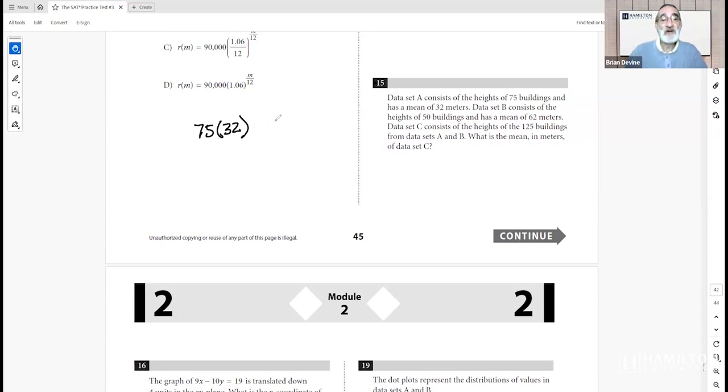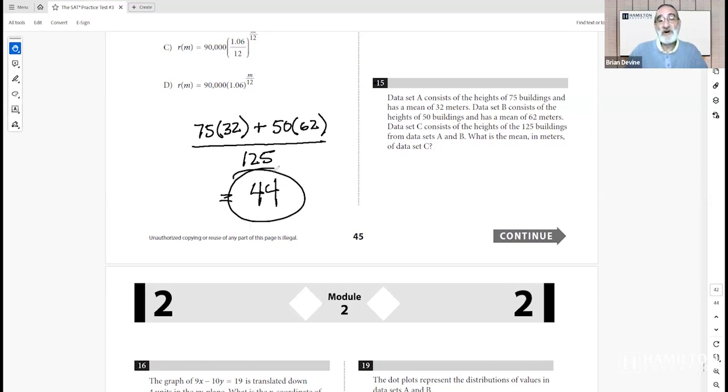So if I take all of those 50 buildings and multiply by the mean of 62, that's the total height for all of those buildings in B. And data set C consists of the heights of all 125 buildings. And so if I take the total of A plus the total of B and divide that by the number, 125, 75 plus 50, then I will get the mean of data set C. And I put that into a calculator and I get 44. And so the mean height of all the 125 buildings is 44 meters.